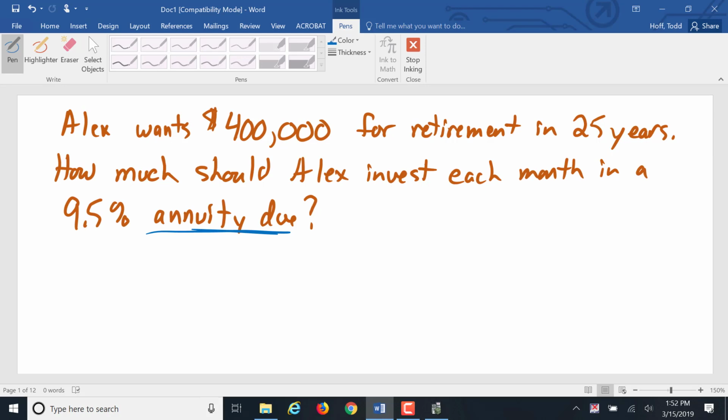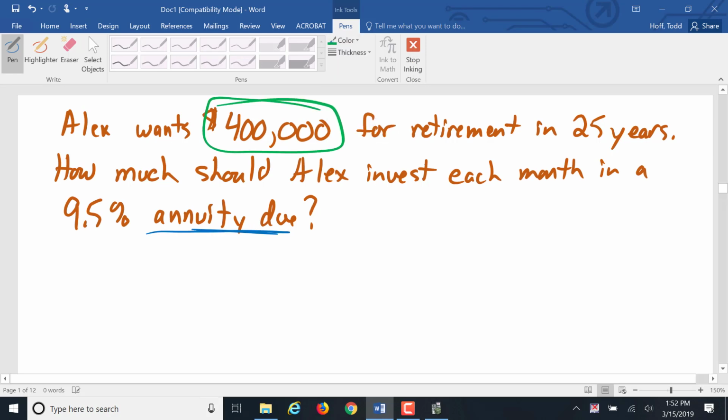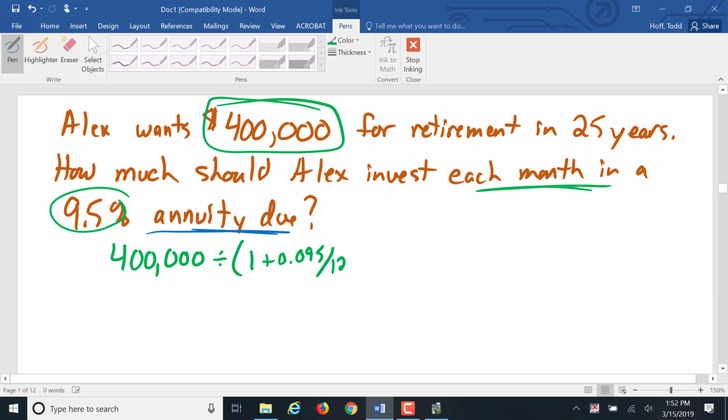So what this means is in order to calculate our payment, we first have to start with our given desired future value, $400,000. And we have to divide by that factor for that extra month's worth of interest. So 1 plus our rate of 9.5% is 0.095, divided by 12, since this is paid in each month, so n is 12.